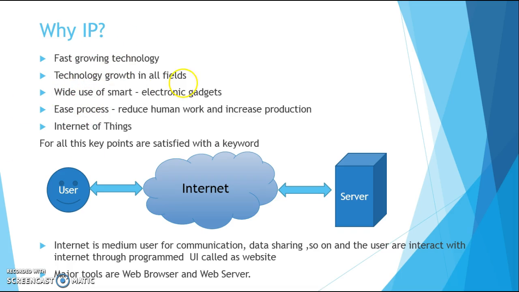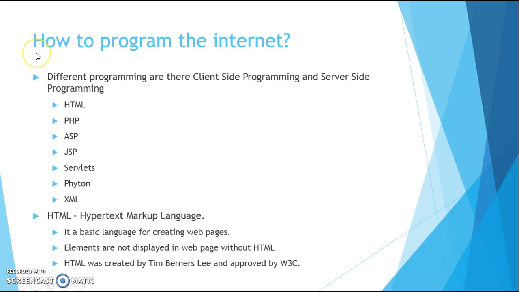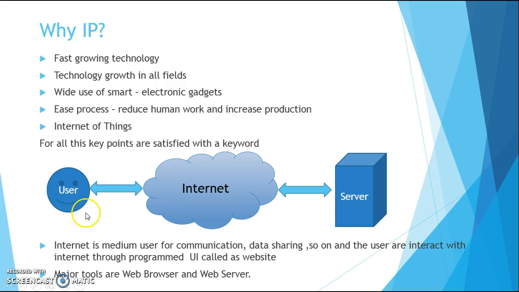This is a simple diagram that tells you how the internet is connected to the user. Here is the user, this is the internet, and this is the server. For example, I am a user. I type www.google.com in my browser and press enter. The data is sent through a wired connection to the internet.